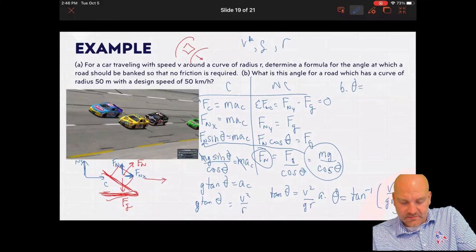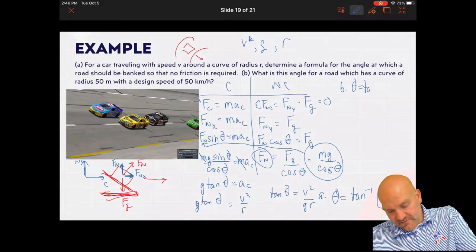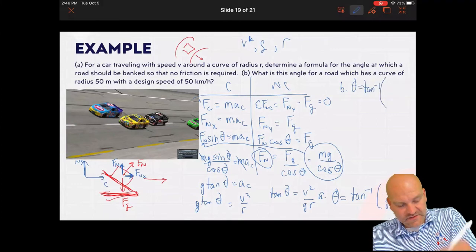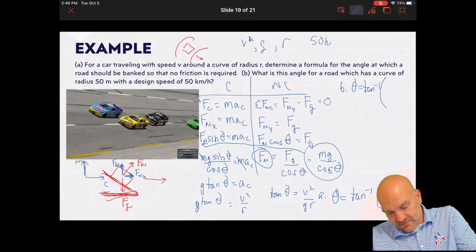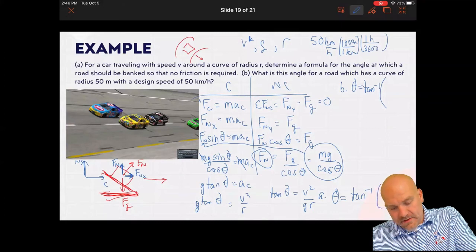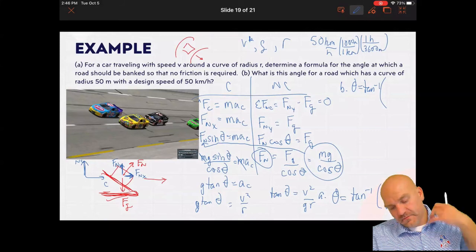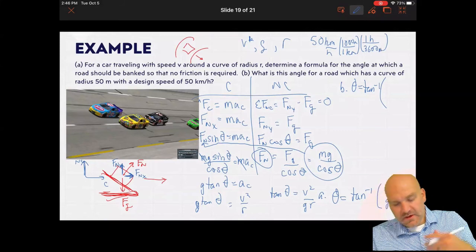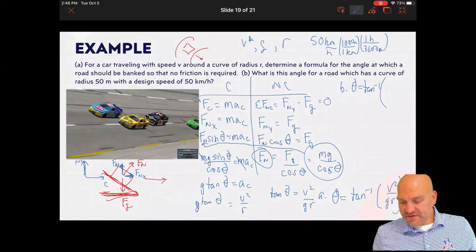Answer to part B is now we're just going to plug in our values. Inverse tangent of V squared, so we have to convert 50 kilometers per hour to meters per second. So again, 1 kilometer is 1,000 meters, and 1 hour is 3,600 seconds.